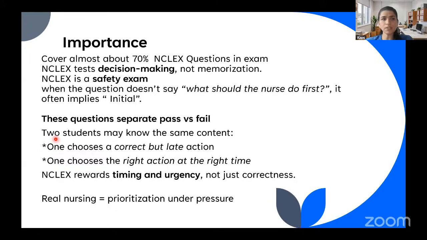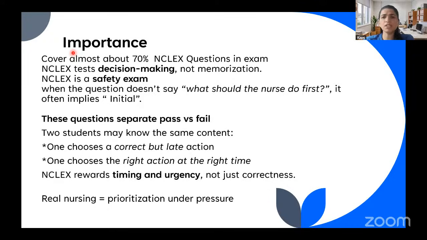The very first thing I know, especially if you're writing the NCLEX exam, is that these questions cover almost 70 to 80%, and sometimes I know some students say almost 90%. It's all about the priority type of questions in your exam.